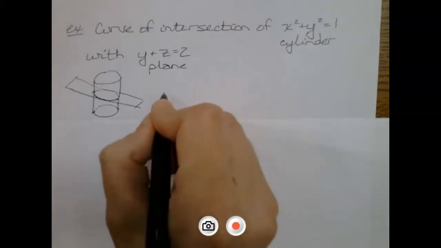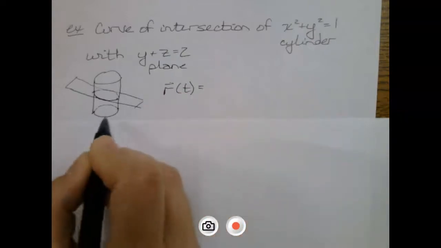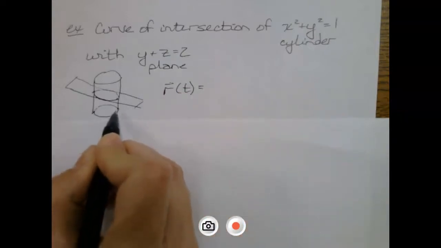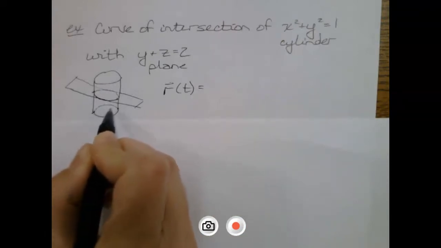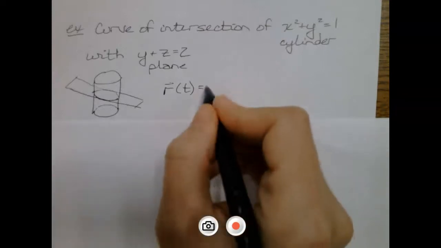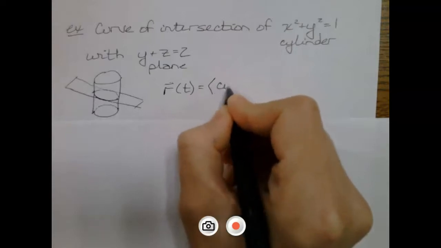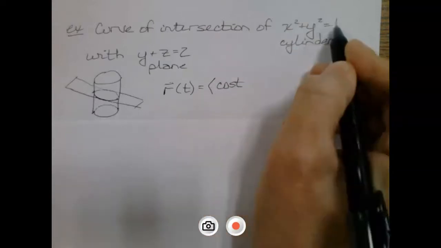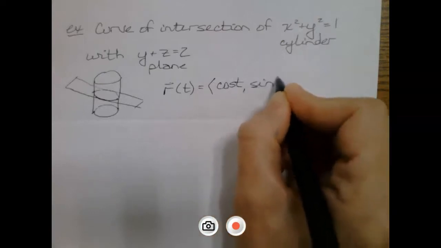To write parametric equations for that curve of intersection, I'm going to notice in the xy plane, my projections look like circles. Well, I know a really good way to write a circle parametrically, and that is x equals cosine t, or radius is 1, so 1 cosine t, y equals sine t.